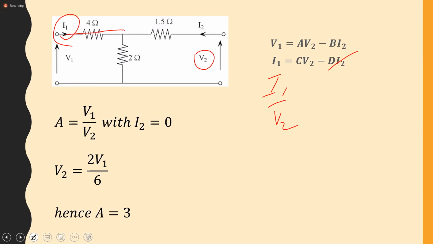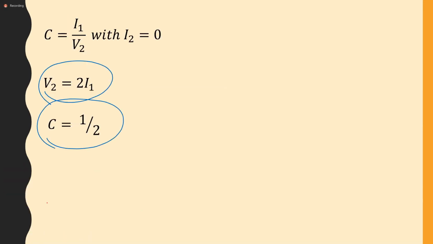I1 is the current that will flow through the 2 ohm resistor, so the voltage across the 2 ohm resistor, which we already know is V2, is equal to 2I1. So I1 over V2 is equal to a half. So we have A and we have C.